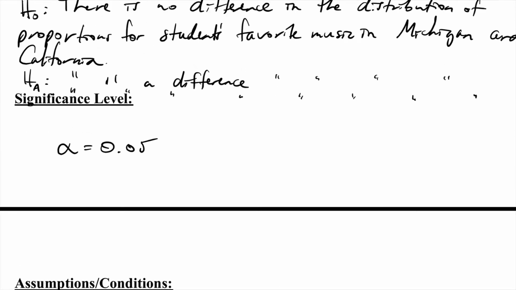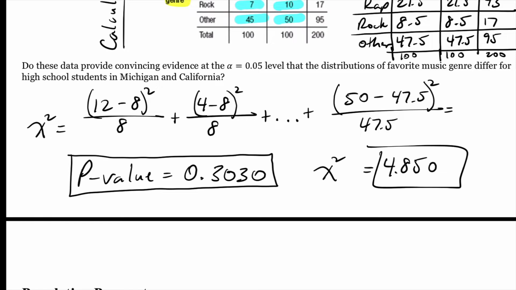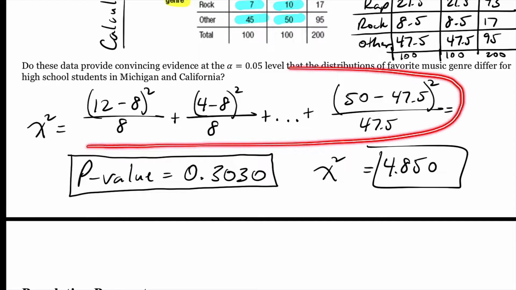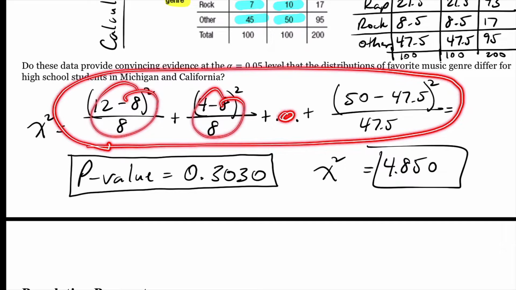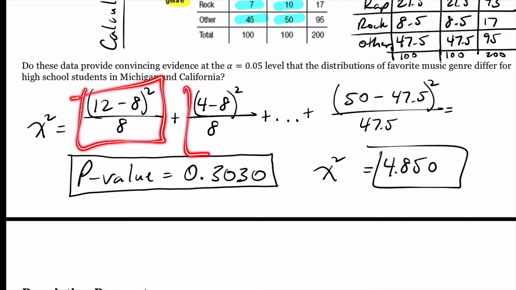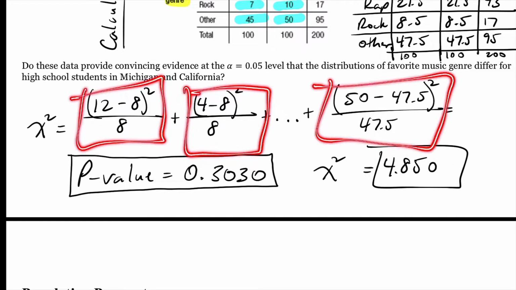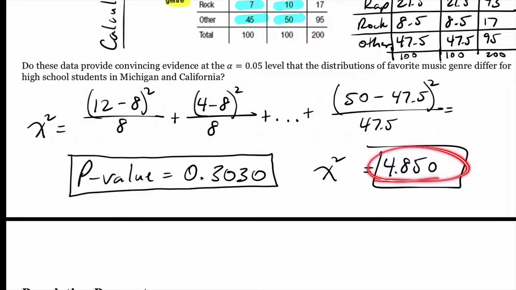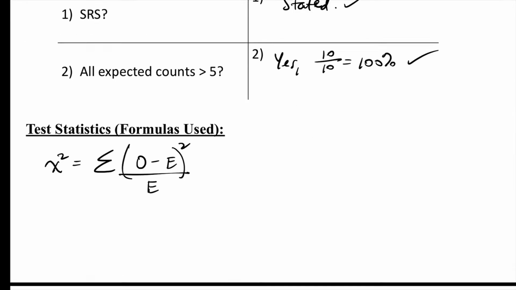So we kind of use shortcuts, but one thing that's important. There are 10 of these guys, 10 fractions all added together, right? That make this number. It's not just one of them that makes this number. It's all 10 of them. But each one is a chi-square. Each one is considered a chi-square statistic. The total is there. Okay, that's important to note.